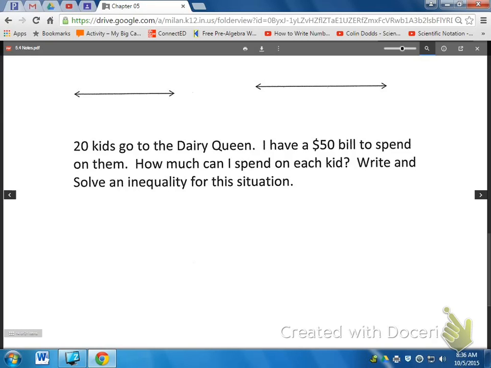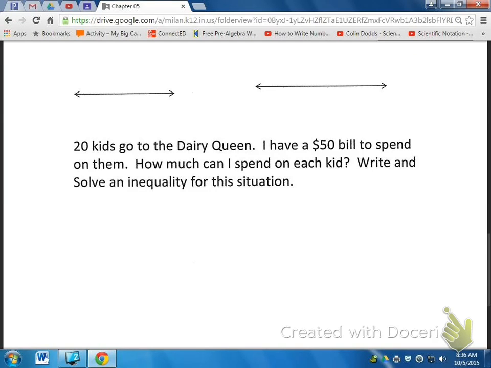So what's the thing that we don't know? How much money I can spend on each kid. Pick a variable for that. M. Okay, so M is the money for each kid.